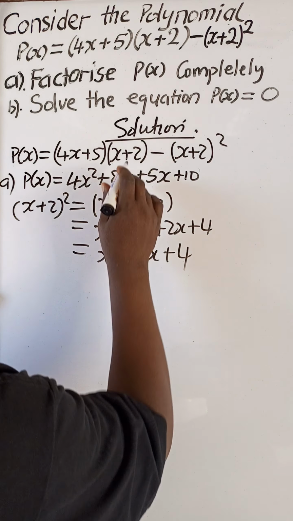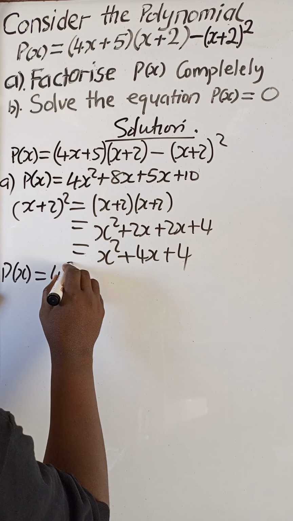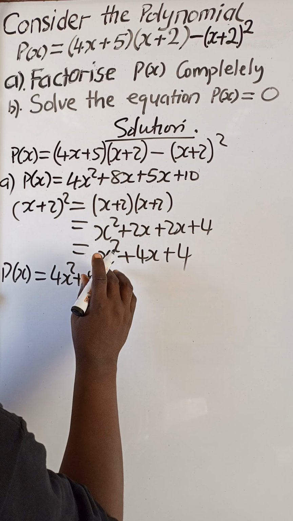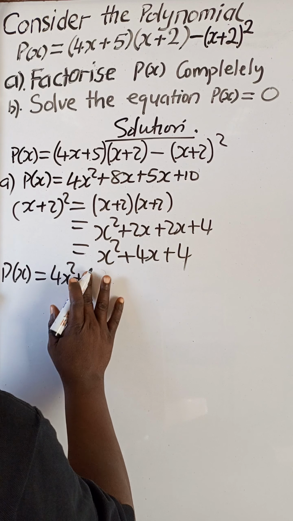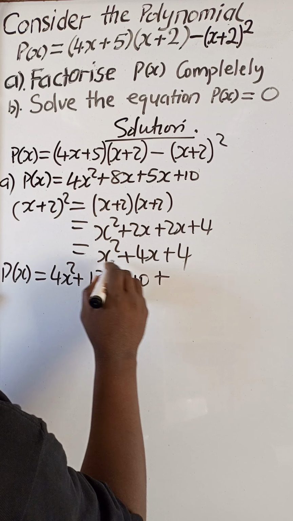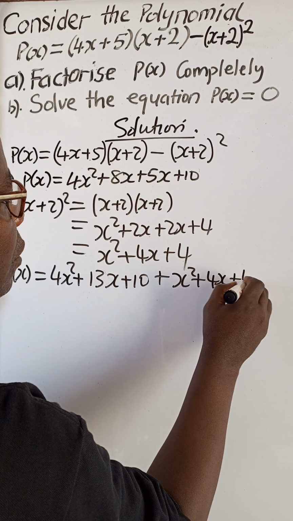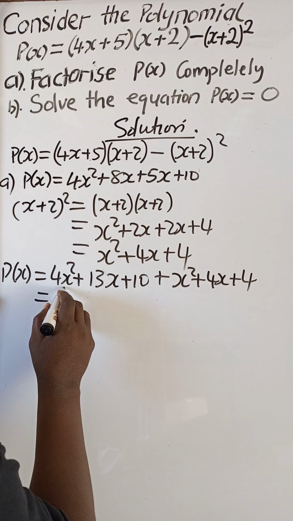Now we have to take this and add to that. So our p of x is 4x squared plus 8x, 8x plus 5x is 13x, plus 10. Then we add this one up.